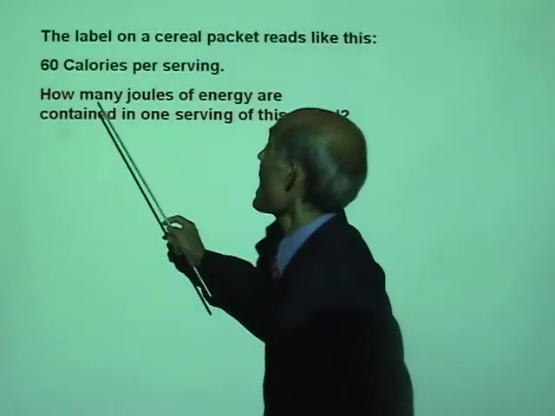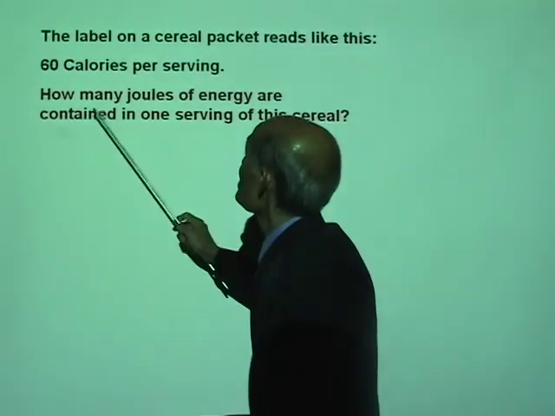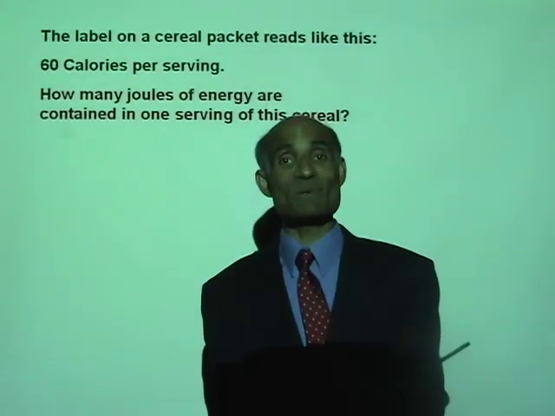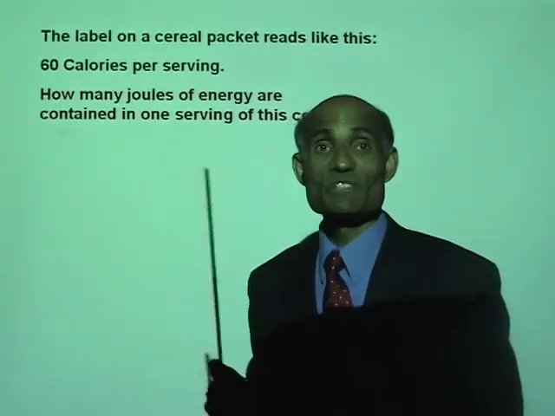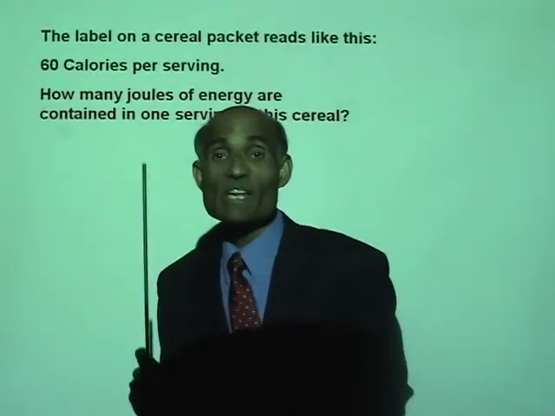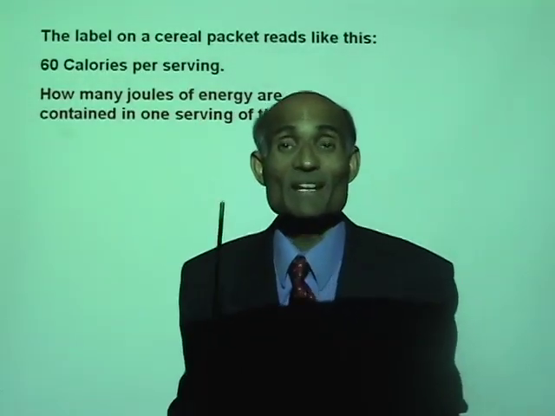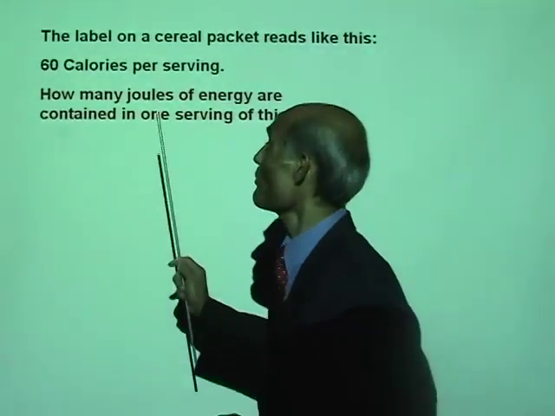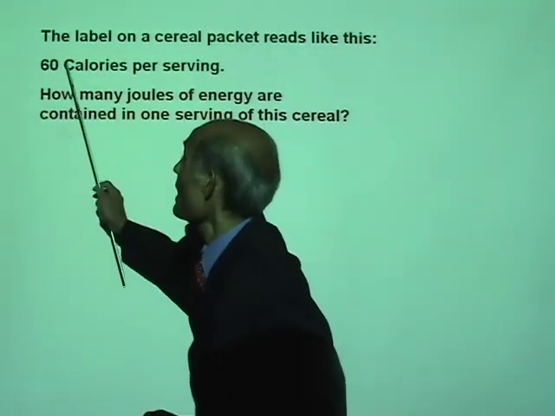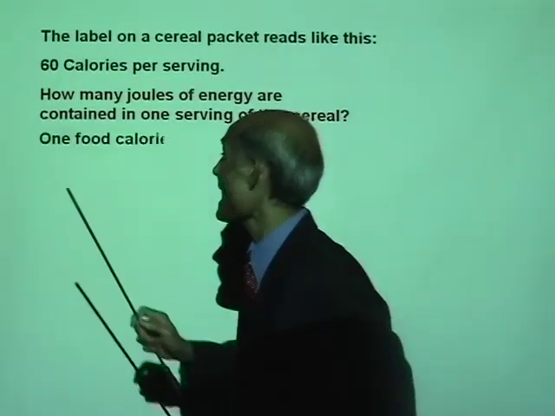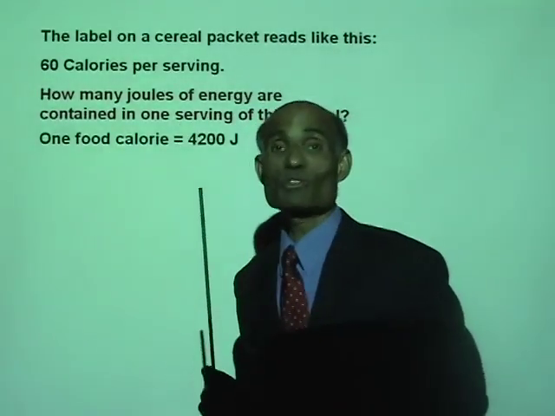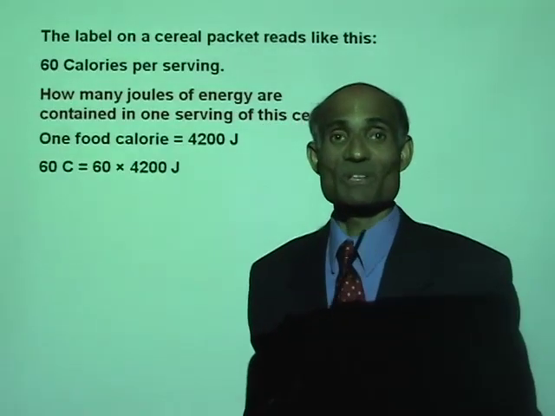Now the label on a cereal packet reads like this: 60 calories per serving. Now tell me, how many joules of energy are contained in one serving of the cereal? 60 calories. Each food calorie contains 4,200 joules. Therefore, how many joules are there in 60 calories? One food calorie is 4,200 joules.